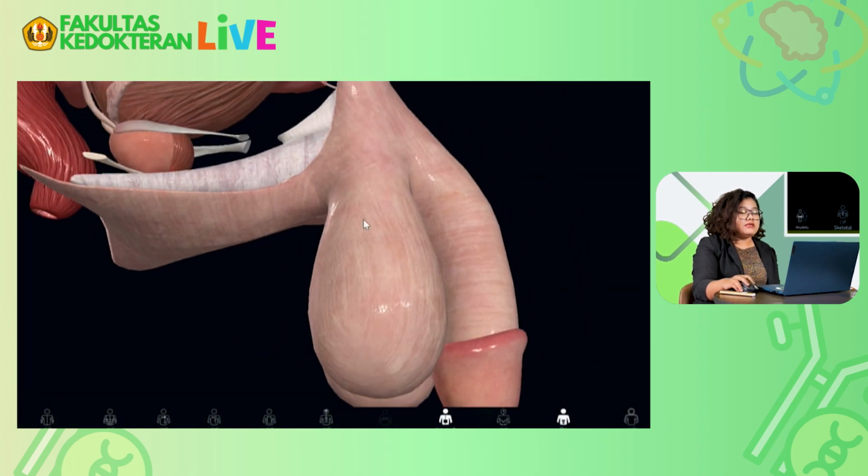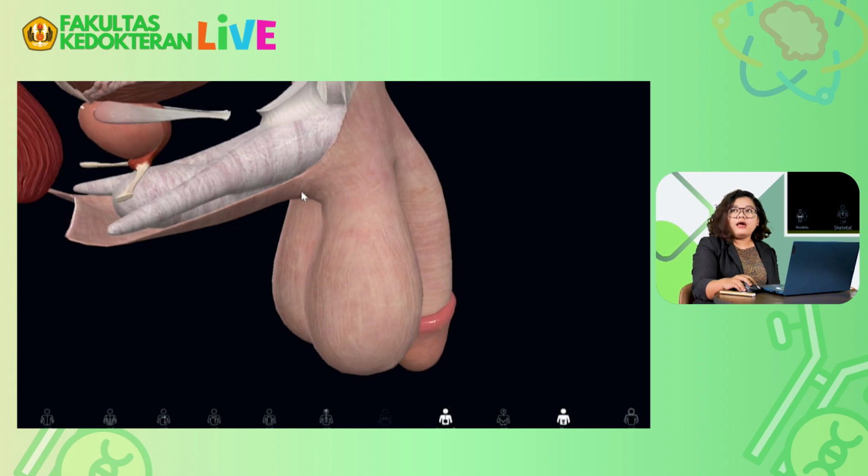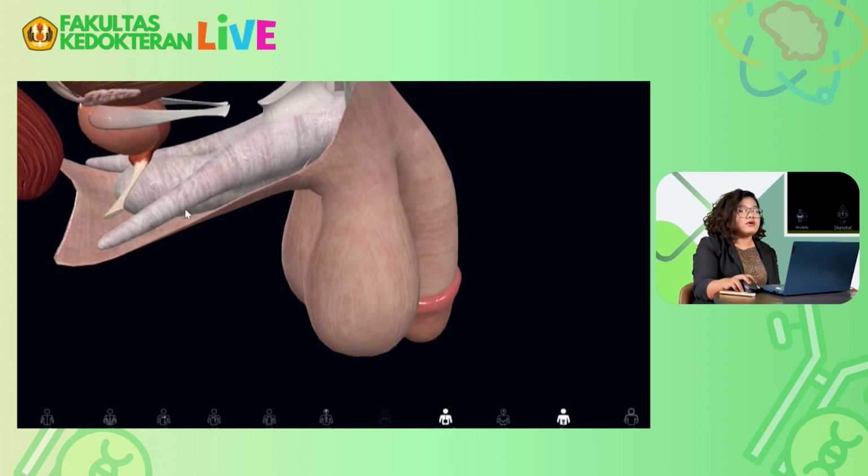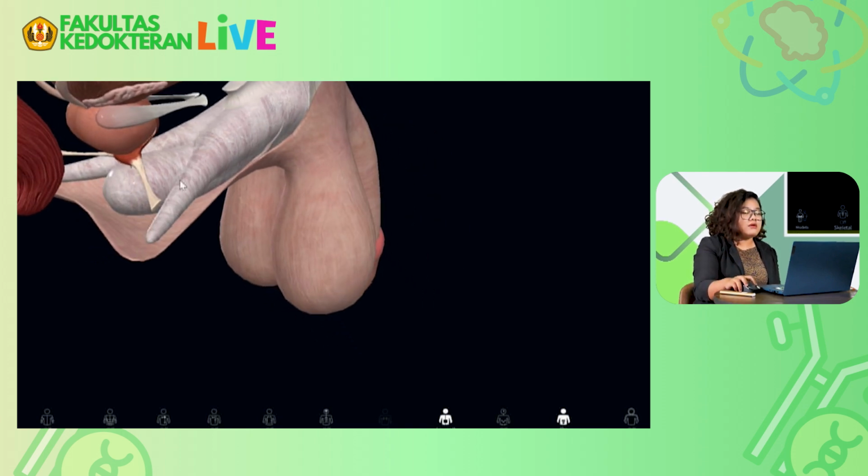The root of the penis here has sort of three parts. The first part is the crura, which are sort of the feet of the penis. We have two crura here, this one, and then this one on the left side.